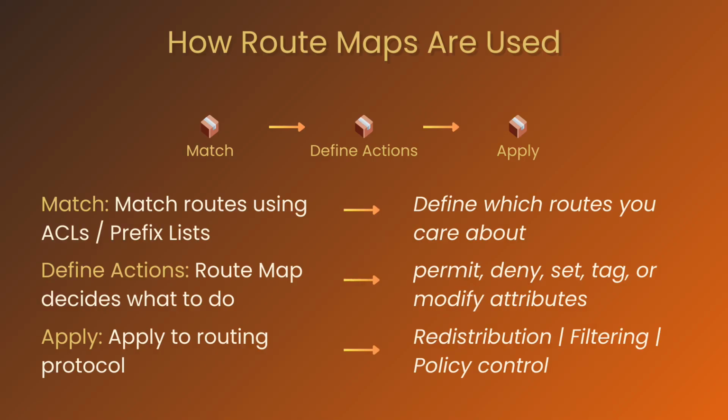Finally, you attach the route map to a routing protocol. Depending on the protocol, you might apply it inbound, outbound, or during redistribution. In short, step 1, create the filter with an ACL or prefix list. Step 2, build a route map policy. And step 3, apply the policy to the routing process. And once you understand that flow, route maps start to make a lot more sense.